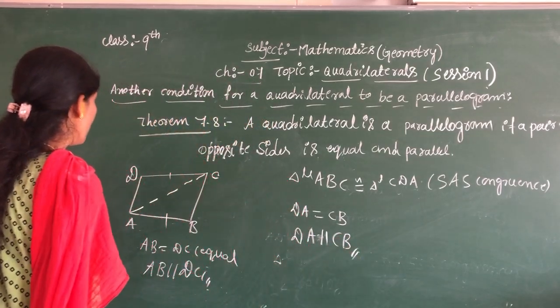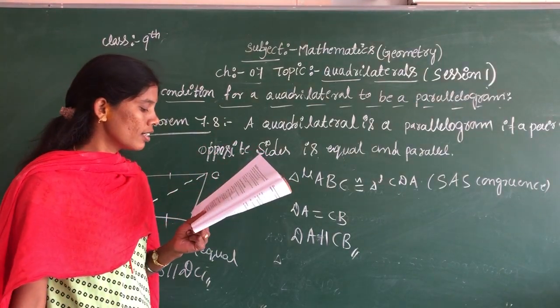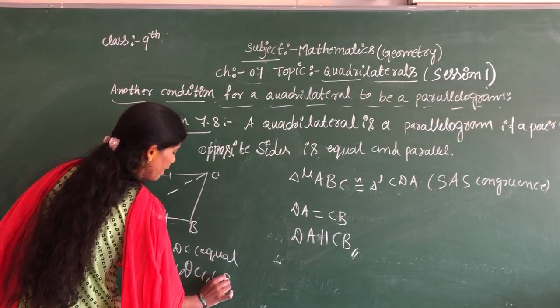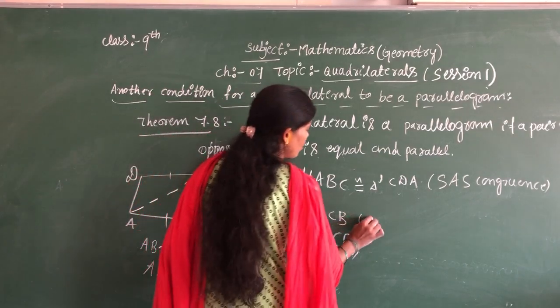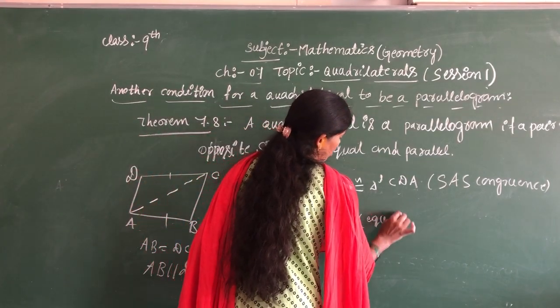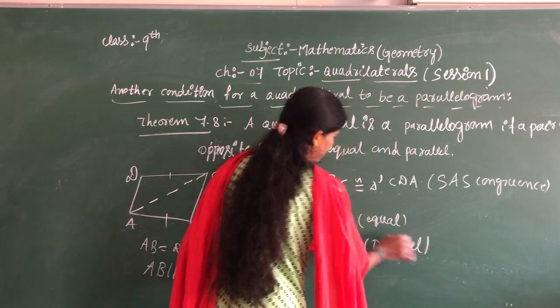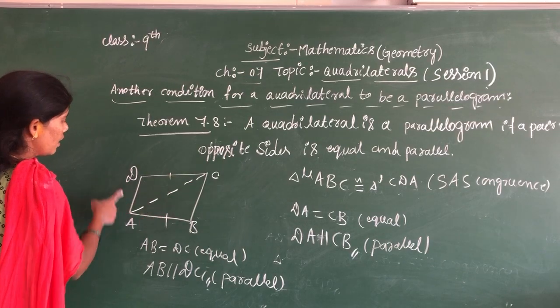Okay, so in the triangles, why? Because this is equal, this is parallel, this is also equal, this is also parallel. Children, this is also DA and CB.